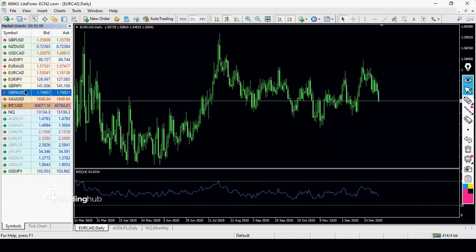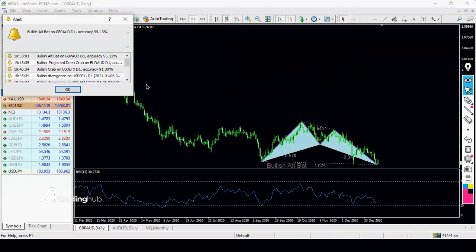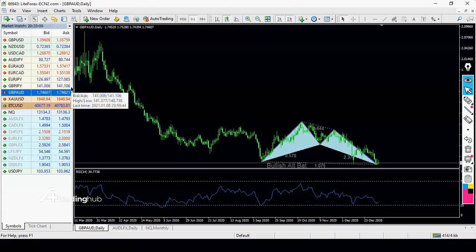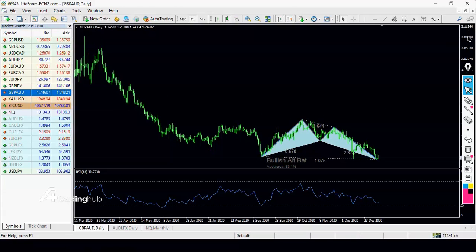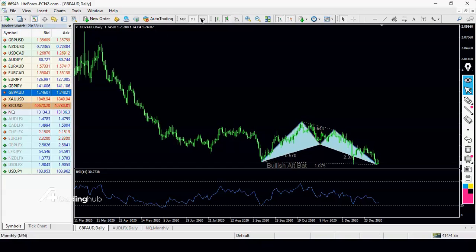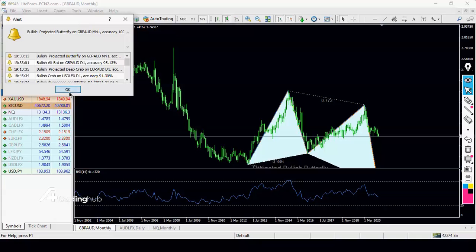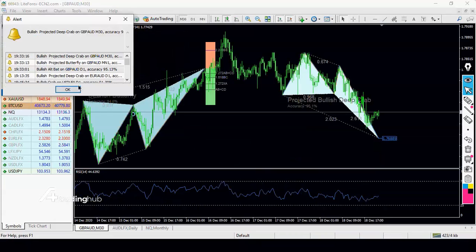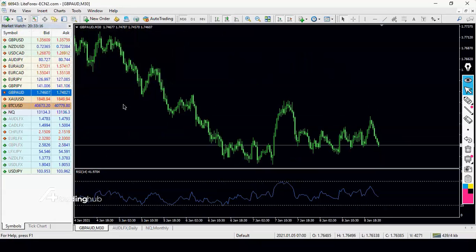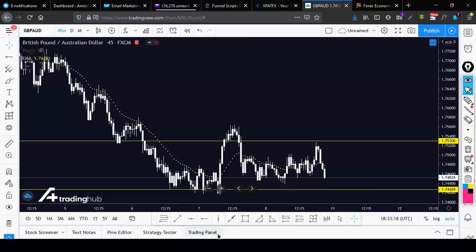Let's see if we can spot any valid harmonics. Bearish alternate path is not yet in play. Look at the monthly. 30 minutes. Alright then. So we move back to TradingView.